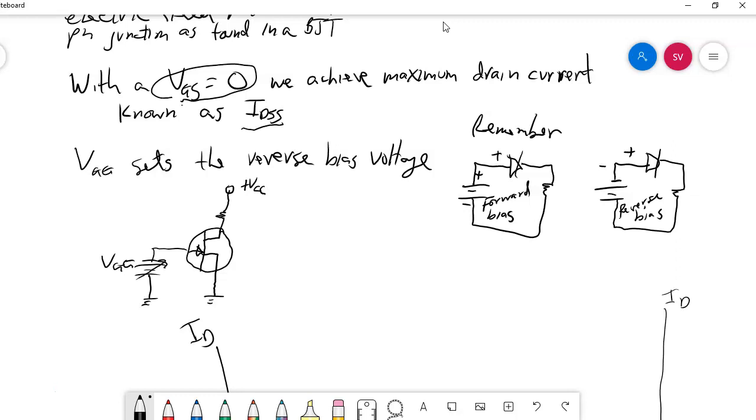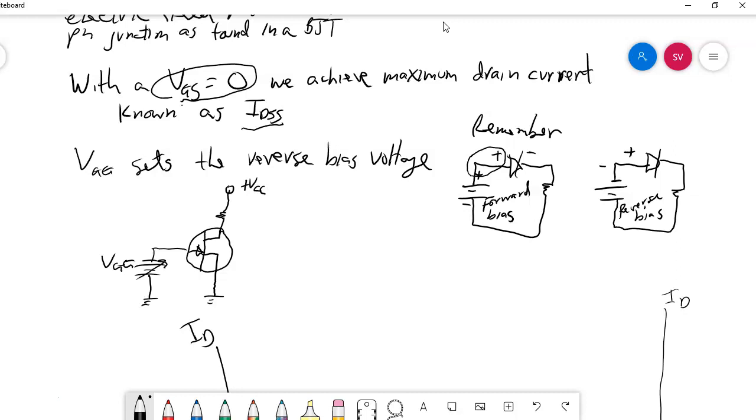Remember what forward bias and reverse bias are. Forward bias is when you look at the relationship and polarities between your power supply and the polarity of your diode. They have to be the same. You need plus to plus polarity. The reason is that the minus end of your diode is where all the electrons, which are negatively charged, are hanging out.